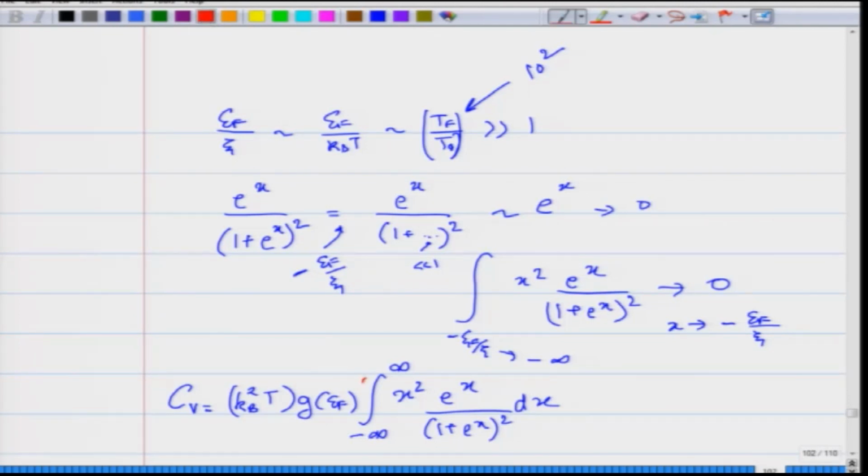And it turns out that this is a standard integral whose value is pi square by 3. This is a standard integral in mathematics, where the integral from minus infinity to plus infinity of x square e raised to x divided by 1 plus e raised to x the whole square dx is a definite integral that has a well defined value, which is pi square by 3.